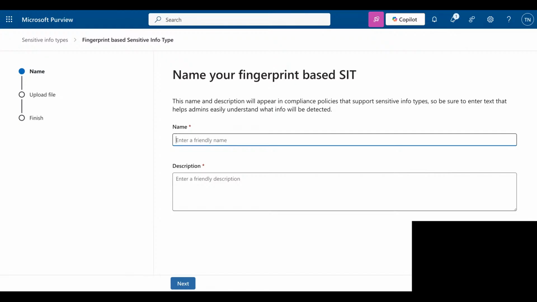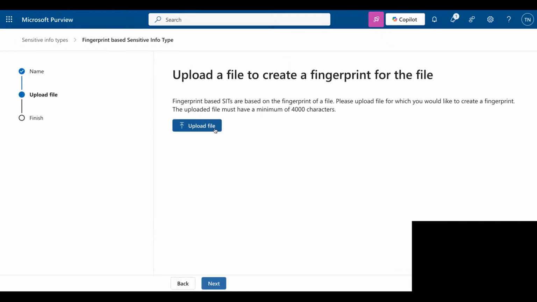So we're gonna have to use this one, fingerprint-based sensitive information type. We're gonna have to upload a couple of CVs onto this platform. You can see it shows the upload, and then once we upload, the system will be able to identify what a CV should look like. Basically, we are training the system.